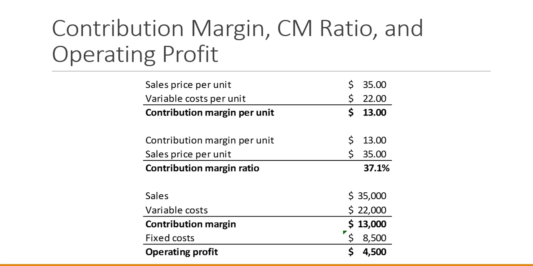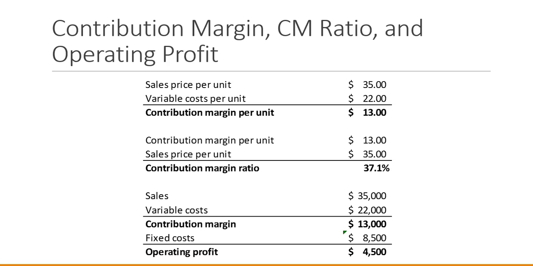Now, looking at our calculations, first, contribution margin per unit. Note this is on a per unit basis. This is our sales price minus variable cost at the unit level. Then the contribution margin ratio, which is the contribution margin per unit we calculated above, divided by sales price per unit.